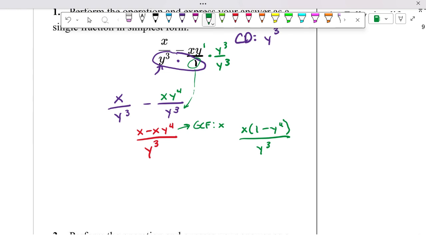No. Because remember, we can't touch this 4 because the minus is married, we can't touch it. Even if we go a step further with the simplifying, it still won't give us anything viable. We'll just be wasting our time. We're done. So your answer is this.